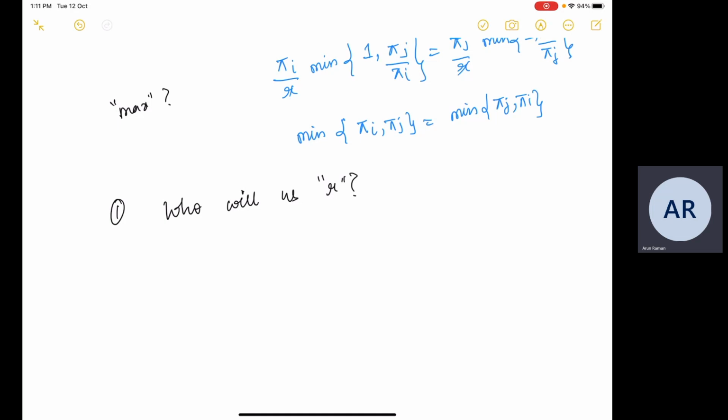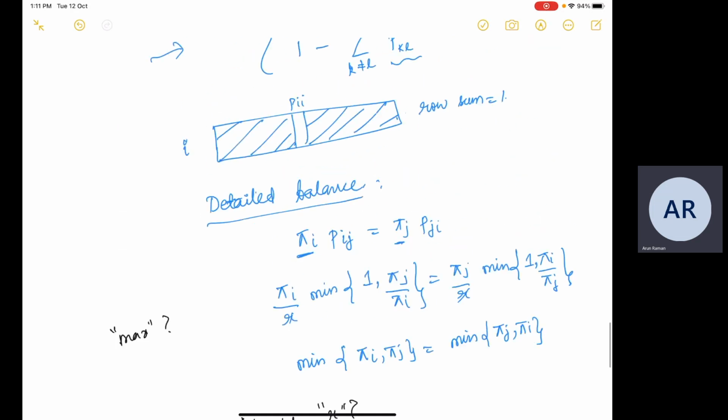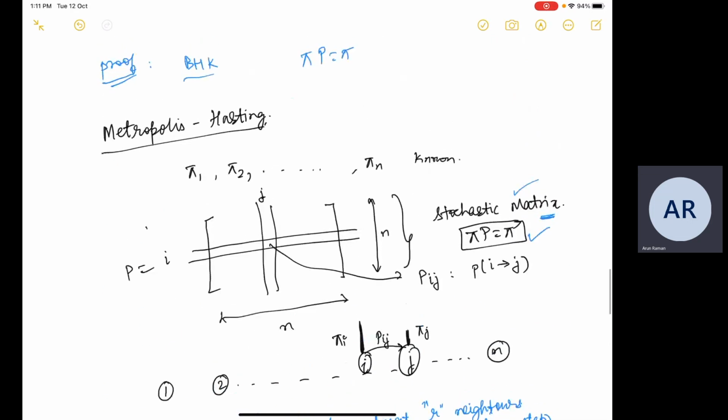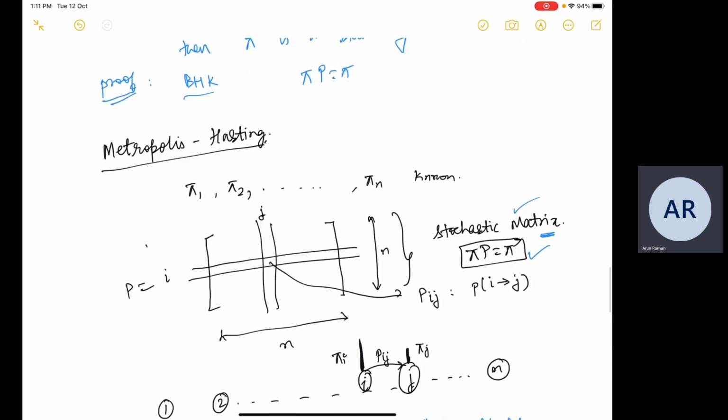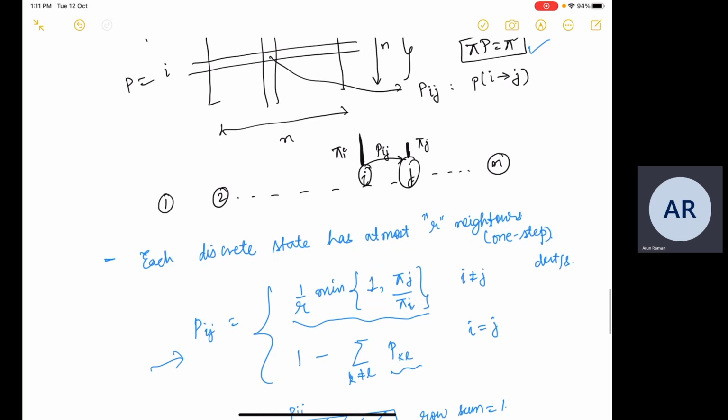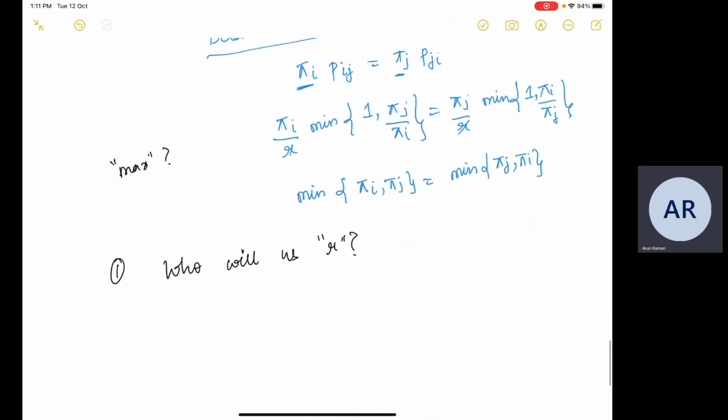Because if we just have a probability vector, and we want to construct a Markov chain such that this is the stationary distribution, we do not have any graph structure given to us. Then who will give us R? Do we assume something about R? Okay, so this is one question, one sticky point.